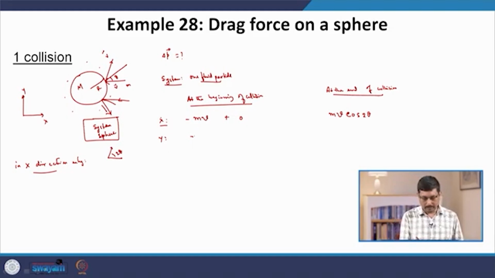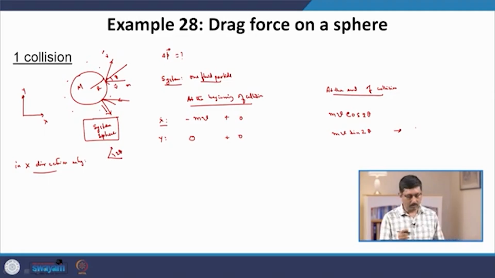So, similarly in the y direction, the initial was 0 and the final is m v sin 2 theta, but we are not going to consider this because they are going to cancel when we sum over all the collisions.